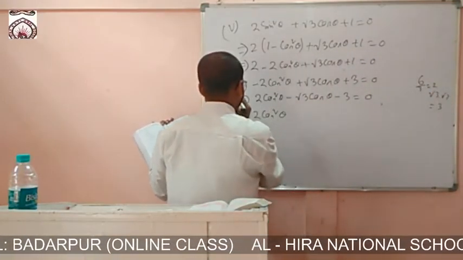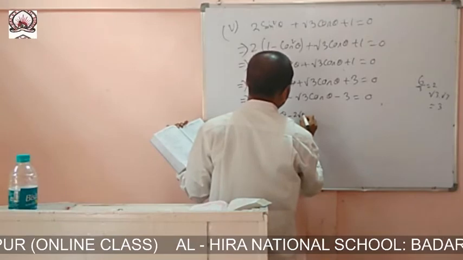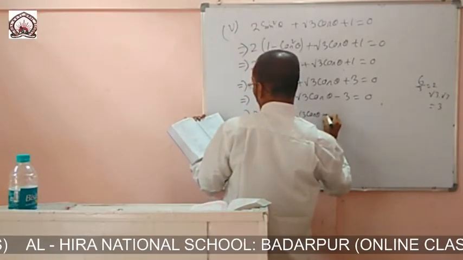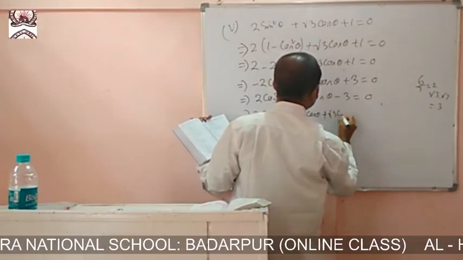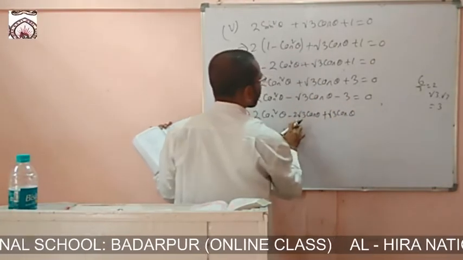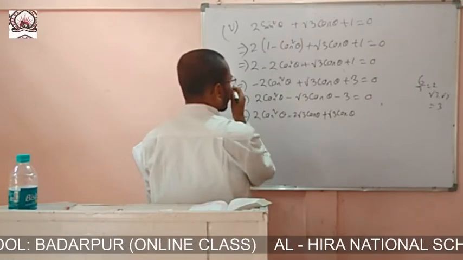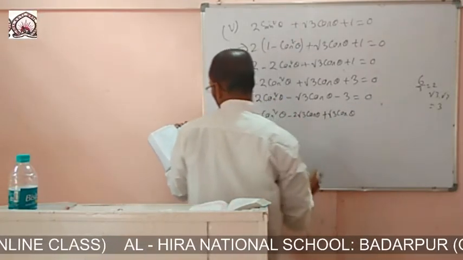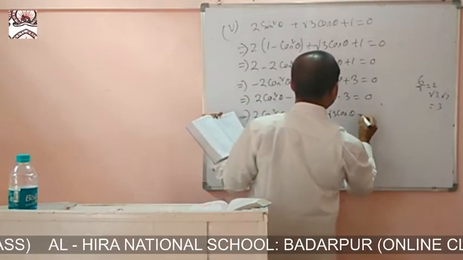So this will be minus 2 root 3 cos theta plus root 3 cos theta. So minus 2 root 3 plus root 3, remaining is minus root 3 cos theta. And 2 root 3 into root 3 is 6, minus 3 is equal to 0.